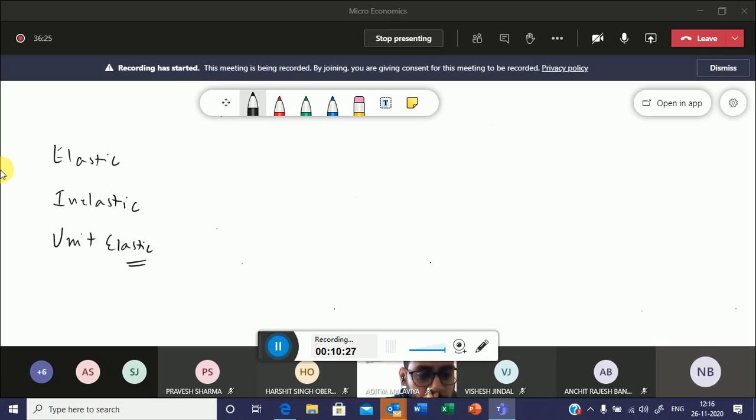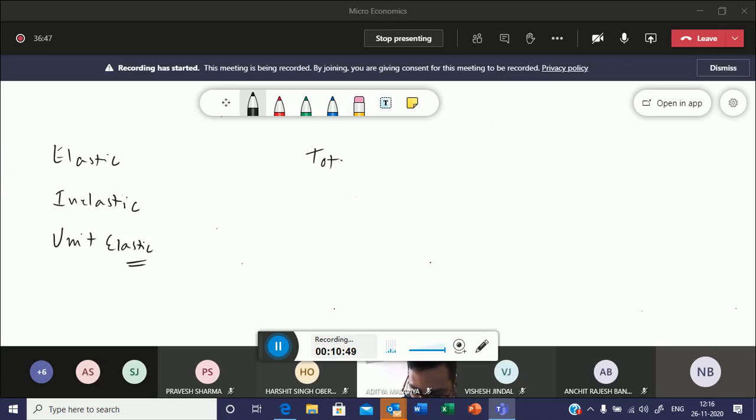For the time being, let's start with the own price elasticity, and you can extend this concept of elastic, inelastic, and unit elastic to other goods as well. So let's start with the concept of own price elasticity. Now, typically, what is the total revenue?